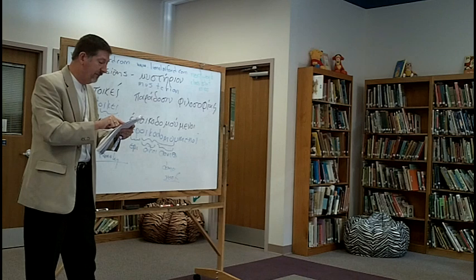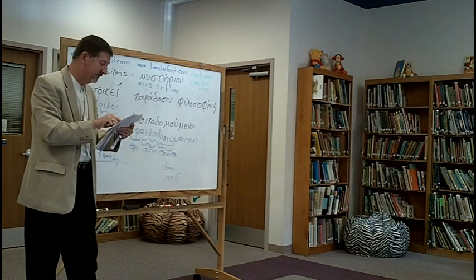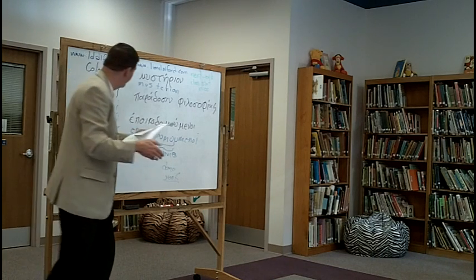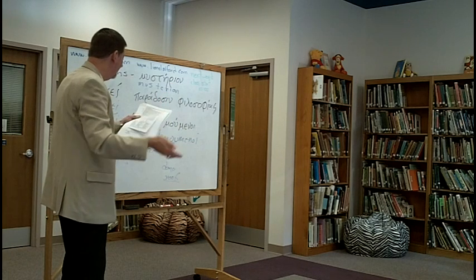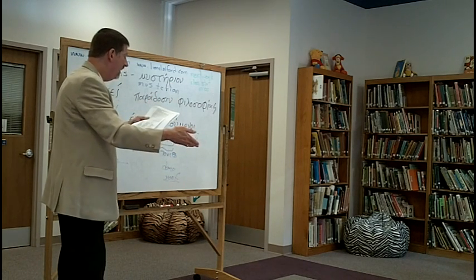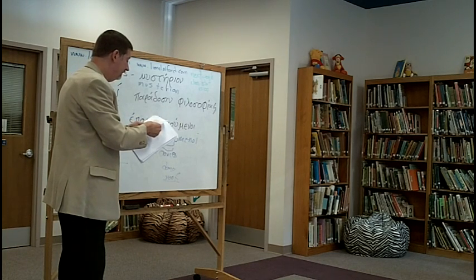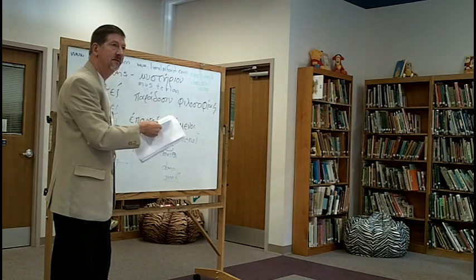If you look at epi, I got epi, okay, with the genitive case. This is one of those prepositional things. It means a direction or at, on, it depends on the case, but epi oikodomo means specifically a structure to build upon, to build up.